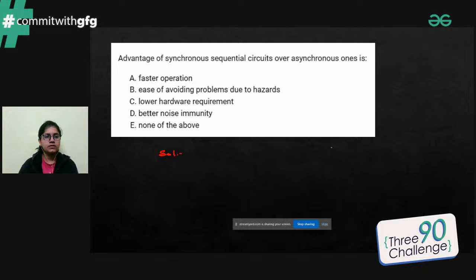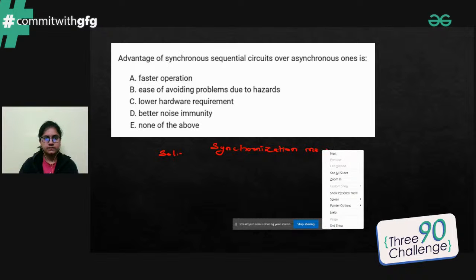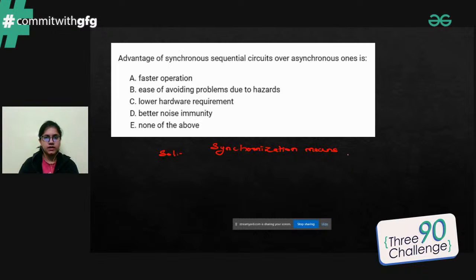So let's write the reasoning for this. Option A: synchronization means less chance of hazards, but can only increase the delay.